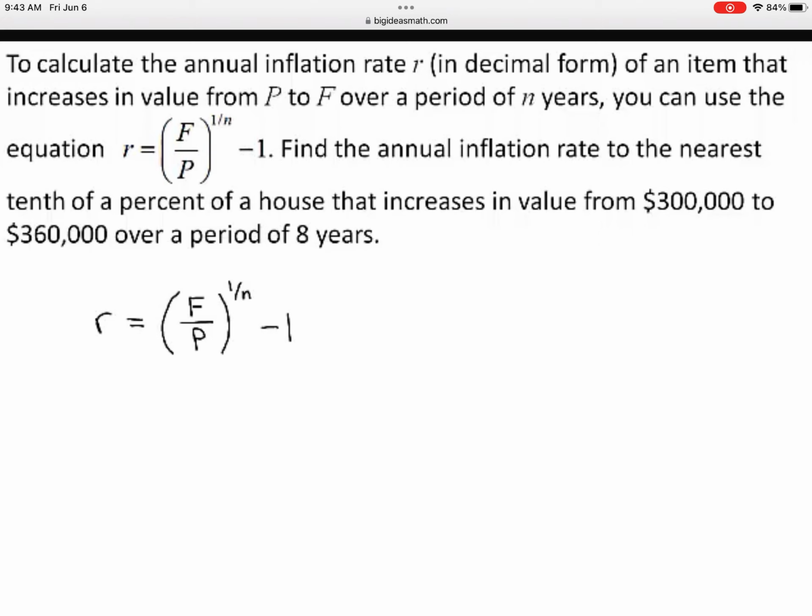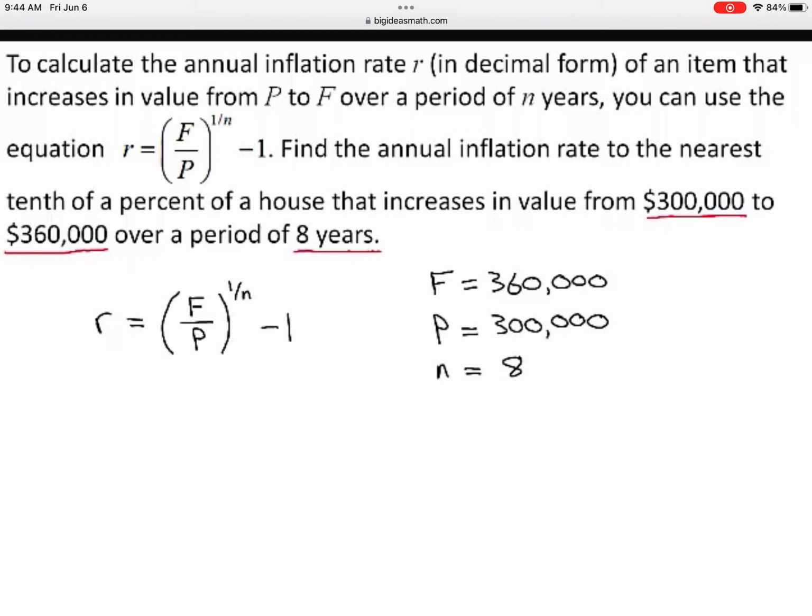First write the equation. R equals the quantity F divided by P to the 1 divided by nth power minus 1. Because the house increases in value from $300,000 to $360,000 over a period of 8 years, F equals 360,000, P equals 300,000, and n equals 8.